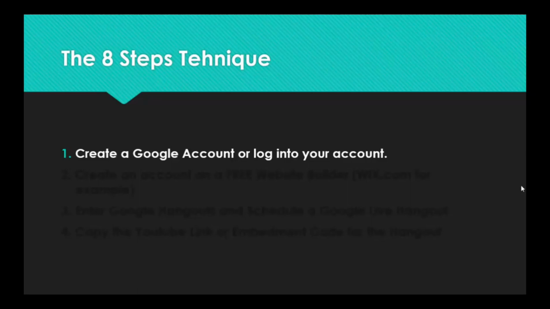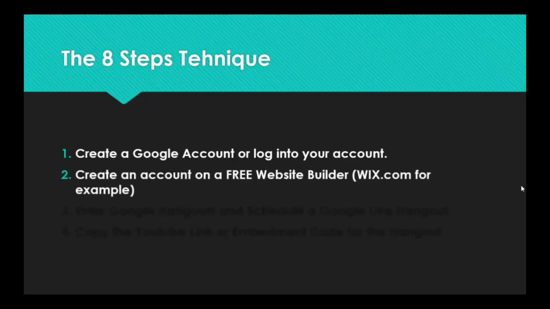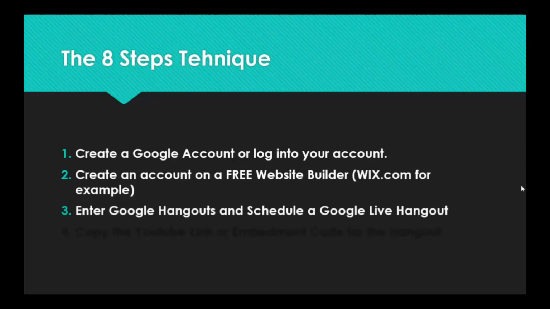You also have access to Google Drive and all the apps that Google has at our disposal. Then you need to create an account on a free website builder, and an example for that is wix.com, and I will show you exactly in a future video how to use that.